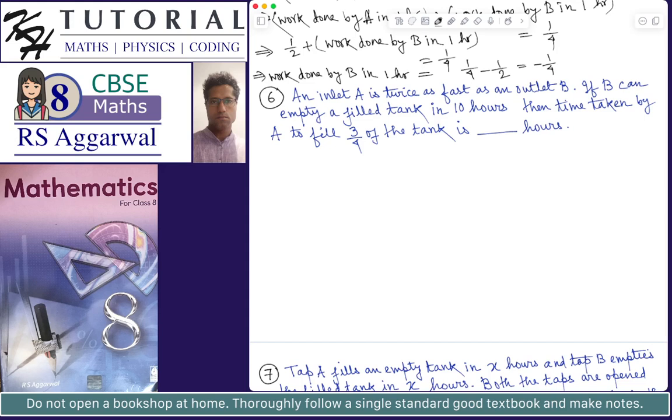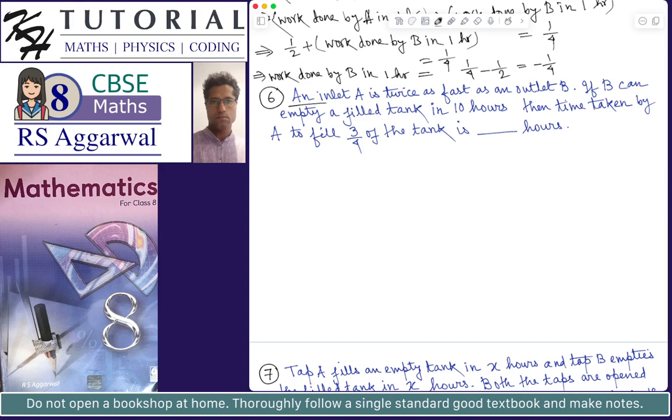It means that the time taken by B, since B is an outlet, you can consider it like this: the time taken by B to empty a filled tank will be twice the time taken by A to completely fill an empty tank.